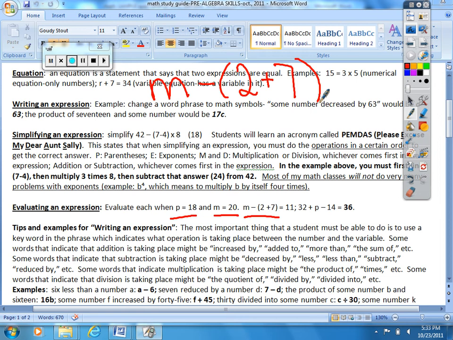M has been given to me. They say that M is 20. So wherever I see M in my expression, I'm going to replace it with 20. Now this leads into my PEMDAS rules, my order of operations. I've got 20 minus 2 plus 7. Well, my first letter in PEMDAS says I better do my parentheses first.